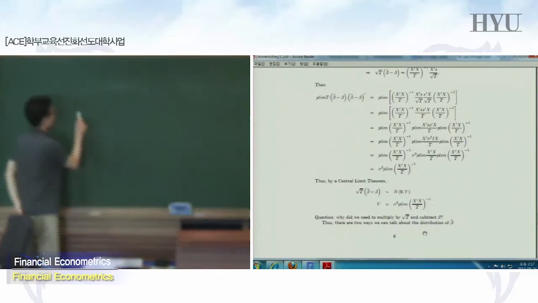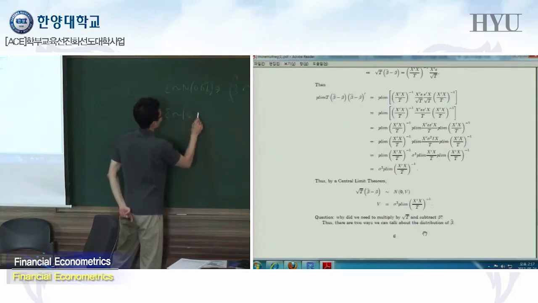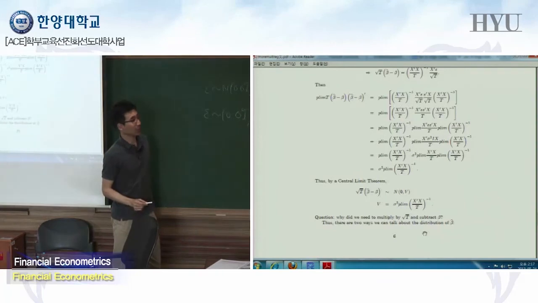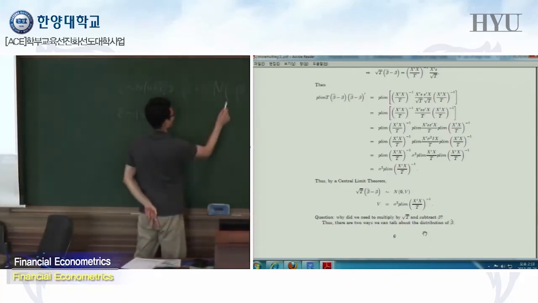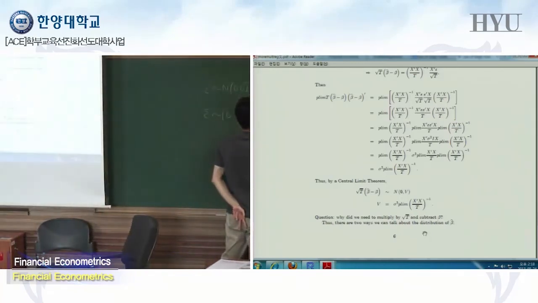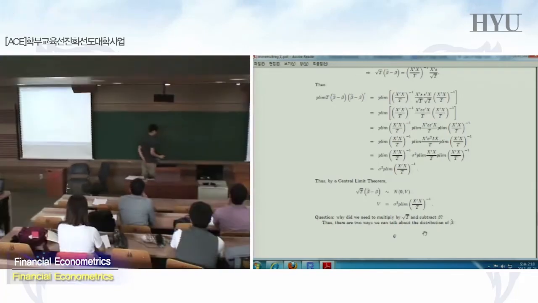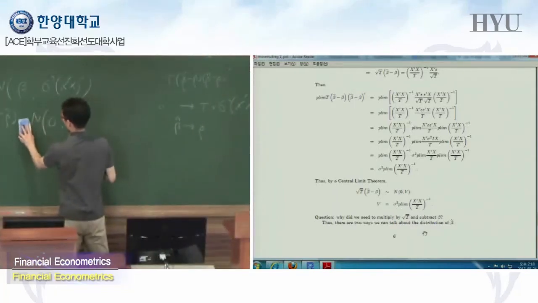Okay. But now, we don't assume epsilon follows a normal distribution anymore, but now we have something very similar to this one, which is basically this. This is fine.